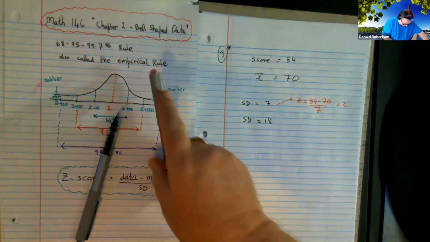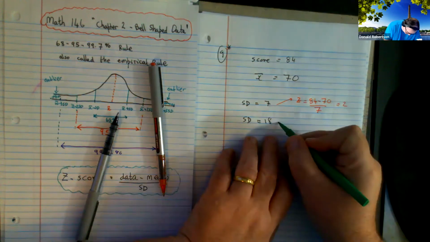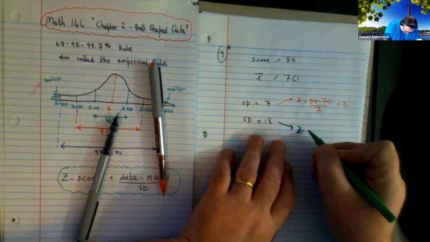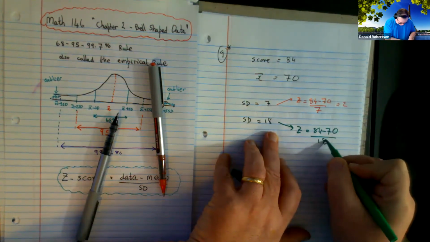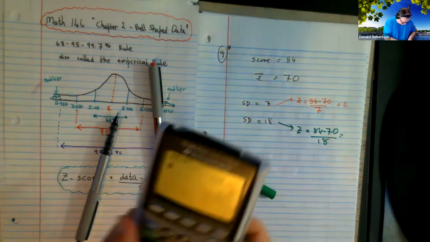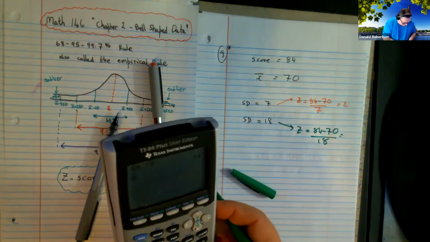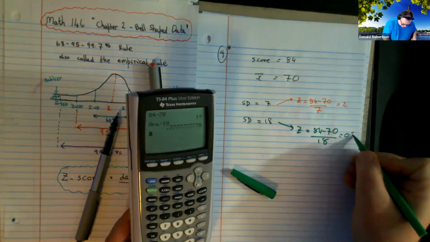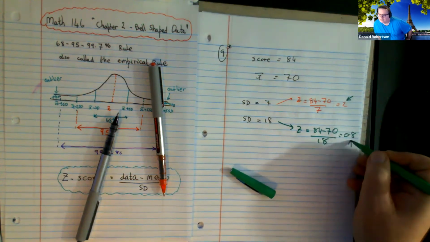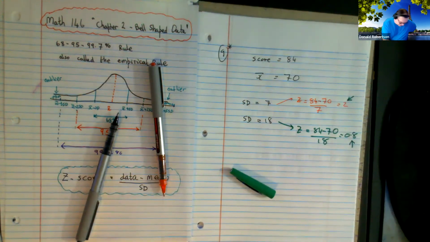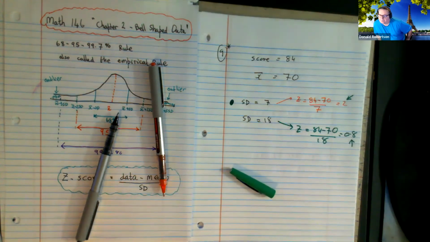If the standard deviation was 18, then the z-score would be 84 take away 70, but now you're dividing by 18, and roughly it's about 0.8. Isn't that a harder thing to get than that? Do you see it matches what our prediction was? I would want that to be my choice as well.